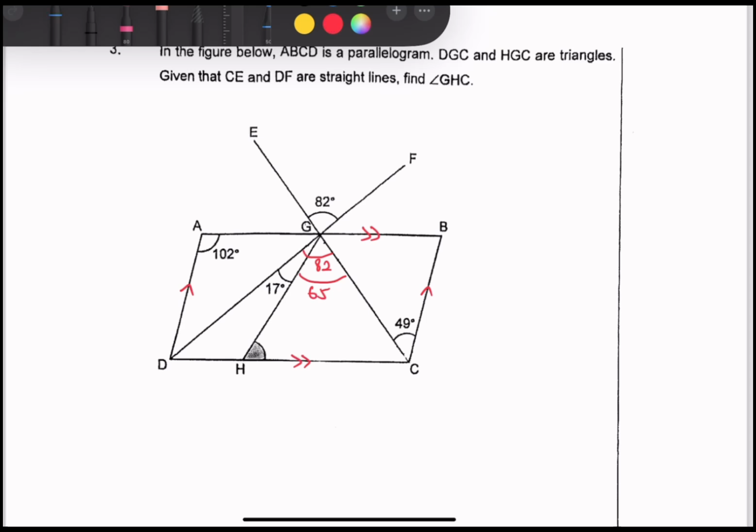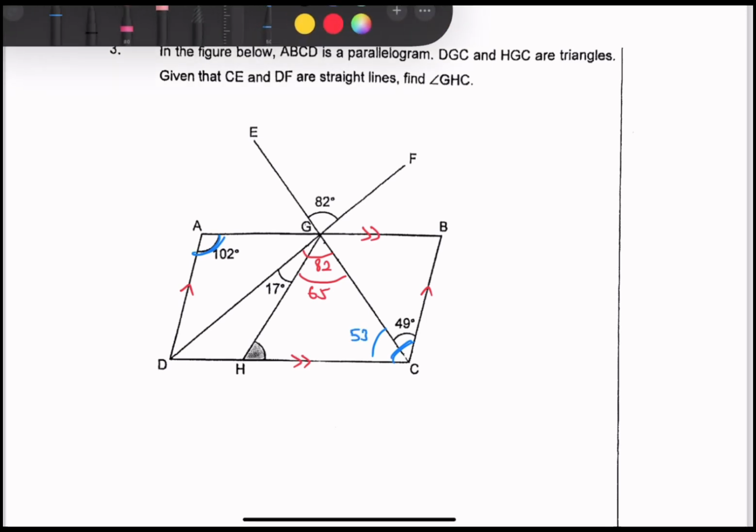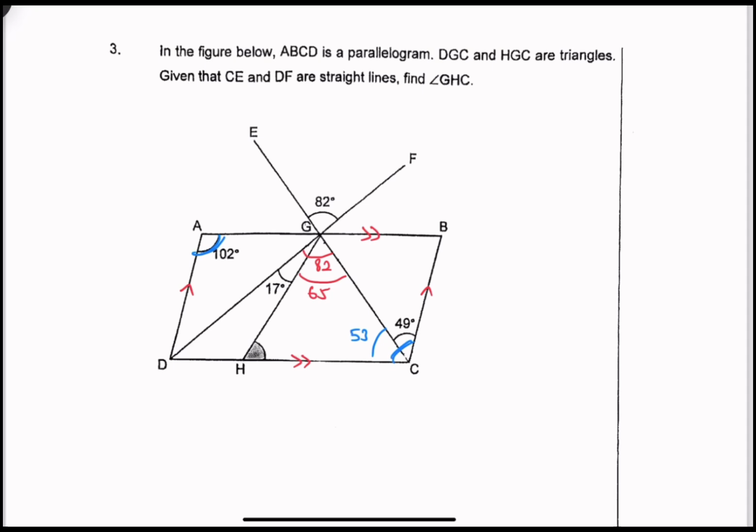Next, the property of a parallelogram is that this angle and this angle are the same, which is 102. Hence, I will be able to find this angle, which is 102 minus 49. That will give me 53. Okay, so in green, since they're asking for GHC, the one that's shaded, we will look at this triangle.